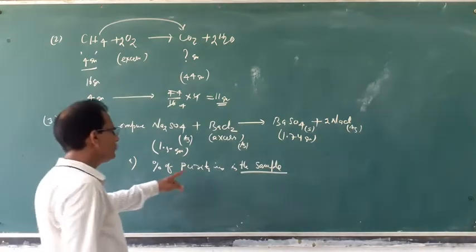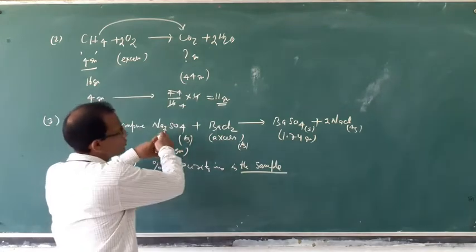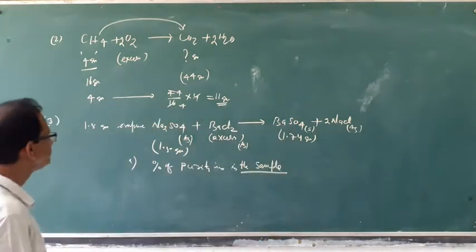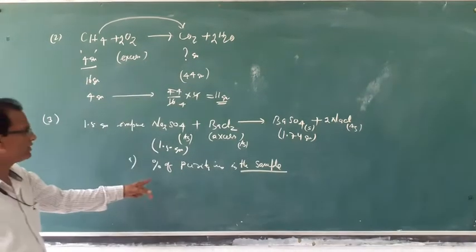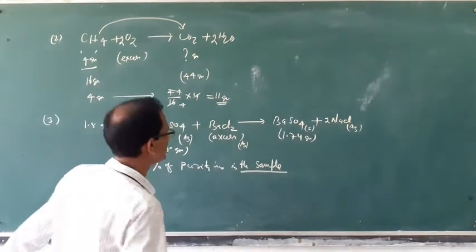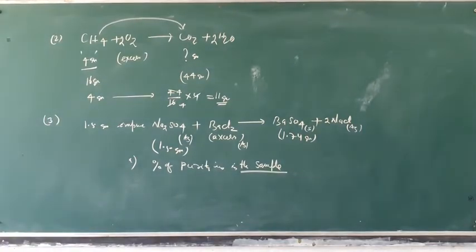Here the percentage of purity in the sample will be calculated by this stoichiometric calculation. You see the stoichiometric calculation that purity in the sample will be calculated. So as per the data, sodium sulfate and barium chloride react forming barium sulfate and sodium chloride.